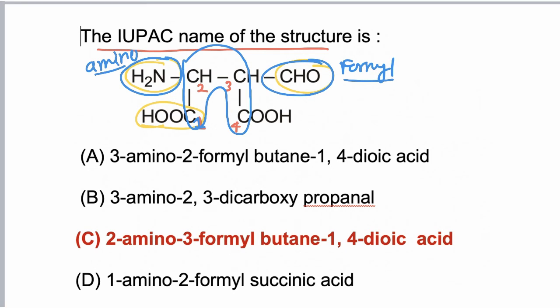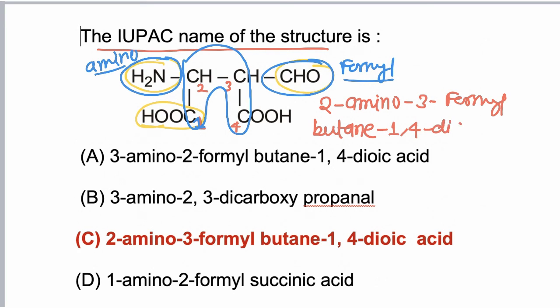Hence amino is having higher priority than formyl. So name of the molecule is 2-amino, now 3-formyl, total 4 carbon in main chain. So butane at 1 and 4 oic acid is present. So butane-1,4-dioic acid, and hence correct answer is C.